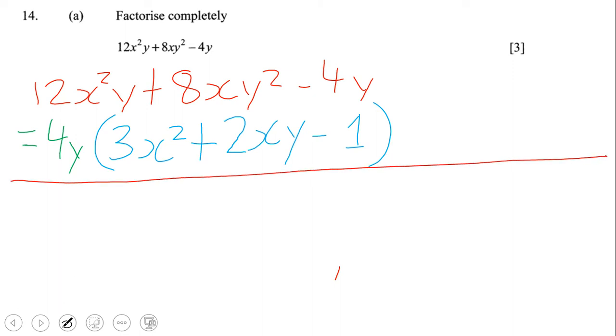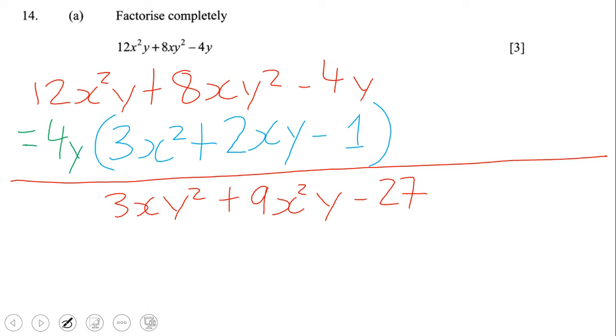What if I said 3xy squared plus 9x squared y minus 27xy.